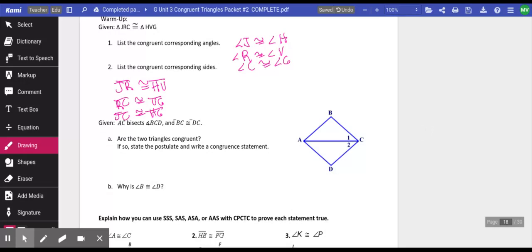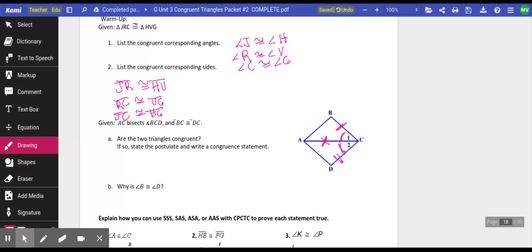So, given AC bisects angle BCD, and BC is congruent to DC, are the 2 triangles congruent? Well, since AC bisects angle BCD, I know that angle 1 is congruent to angle 2, and I know that AC is congruent to itself because of reflexive.